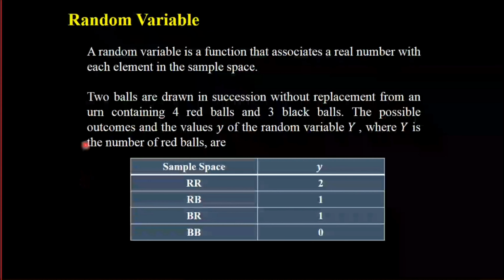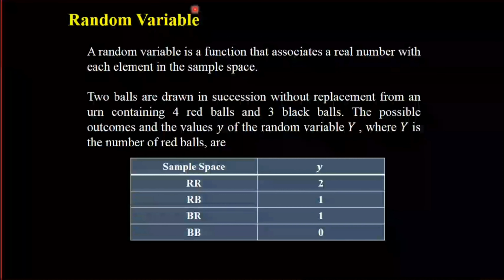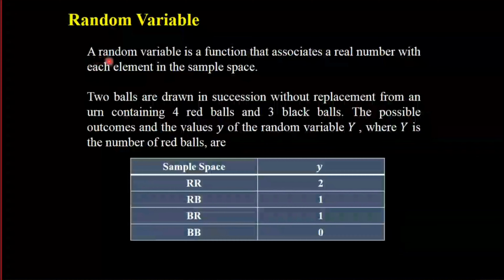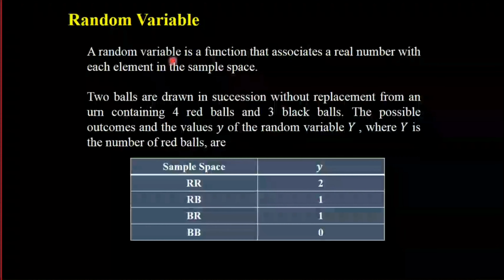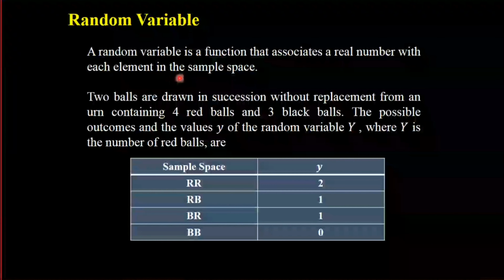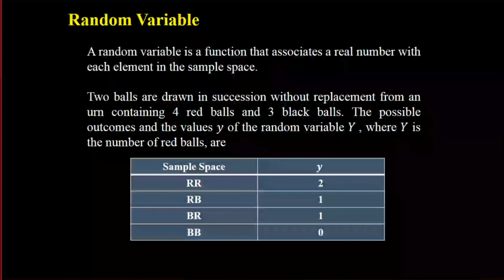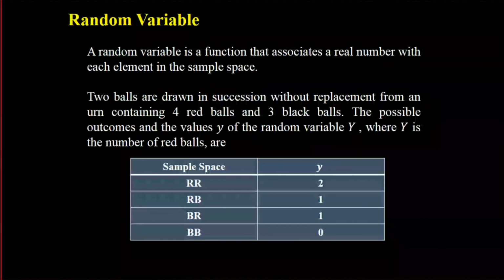Okay. Now here we have the concept of random variable. So what is that? A random variable is a function that associates a real number with each element in the sample space. Okay. So let us first see the thing mathematically.